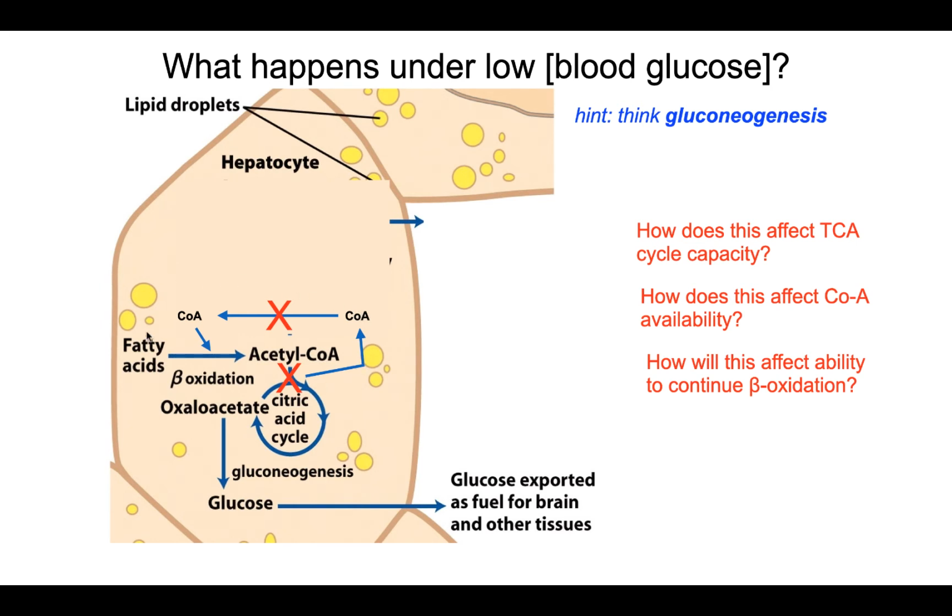We are therefore running out of CoA, and reducing our ability to perform beta oxidation. Okay, so this is the problem that ketone bodies solve. With a diminished citric acid cycle, how do we resupply the CoA molecules?